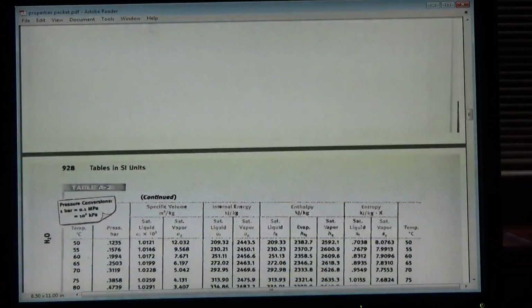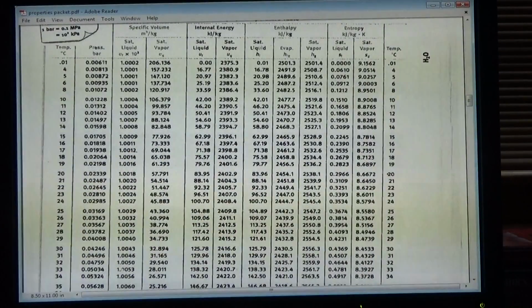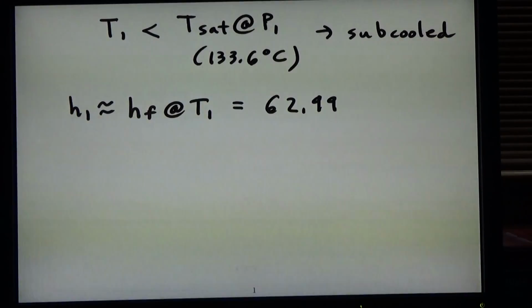At 15 degrees Celsius, our H sub F is 62.99. That takes care of state 1.